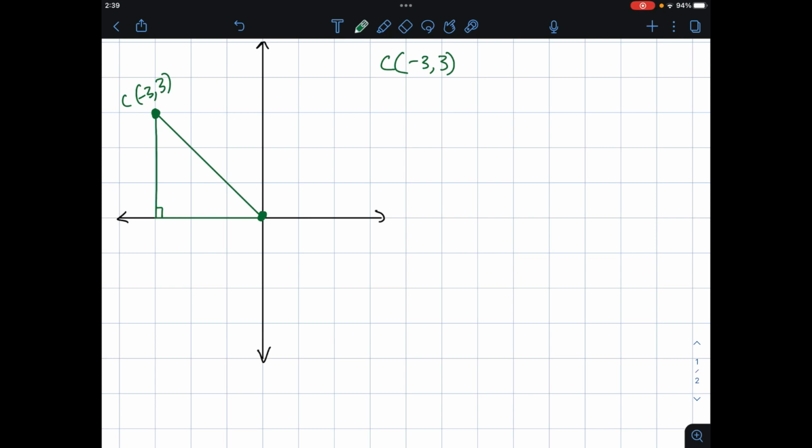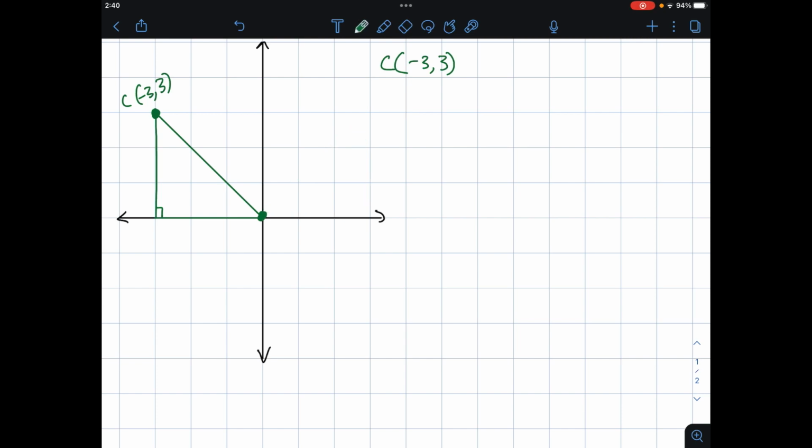But here's the interesting part. In geometry, we would have said that a negative side length of a triangle was kind of ridiculous. How would a triangle or a shape have a negative side length? But now that we're on the coordinate plane, we can accept a negative side length. That's going to allow us to differentiate between this triangle -3, 3 and some other triangle with coordinate 3, 3, because these are describing somewhat different things.